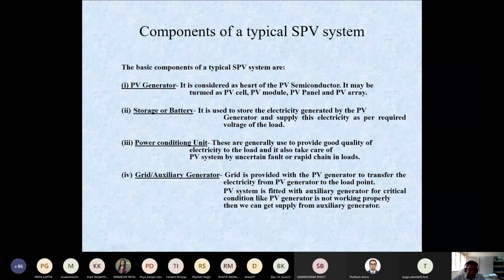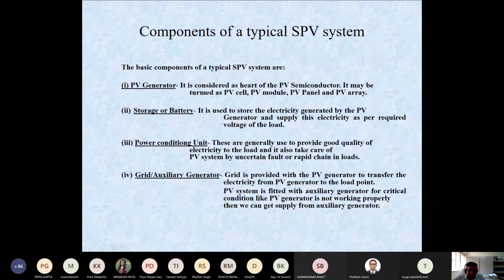I can say that the technology for batteries is already well established. Of course, emerging technologies are there to enhance the battery for PV. So the work is going on in the battery also, and in the power conditioning unit, maybe the inverter.